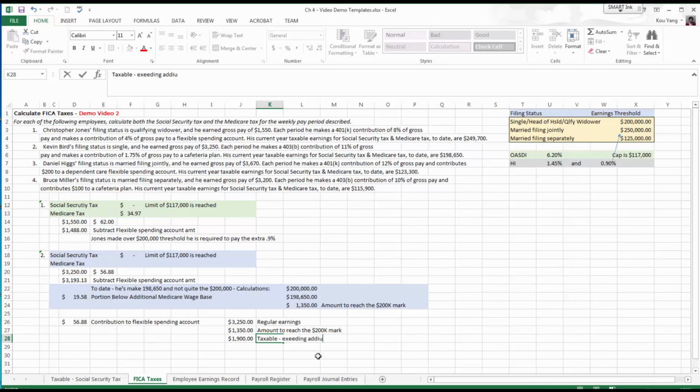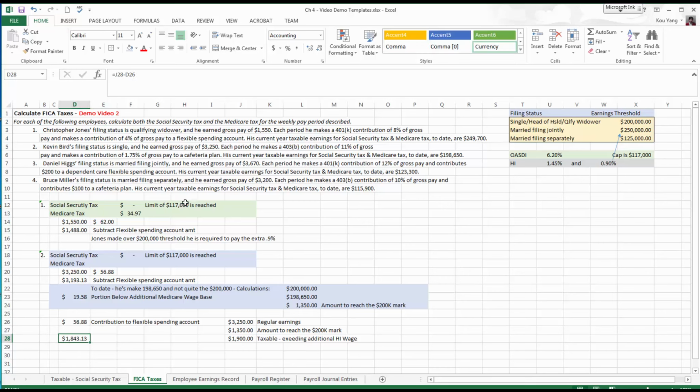Assuming the additional HI wage. Okay. Before I go ahead and take that 1900 and subtract and multiply by the wage of 1.45 plus the 0.9%, I have to take 1900, subtract the 5888, which is not taxable under HI because it was contributed to a flexible spending account.